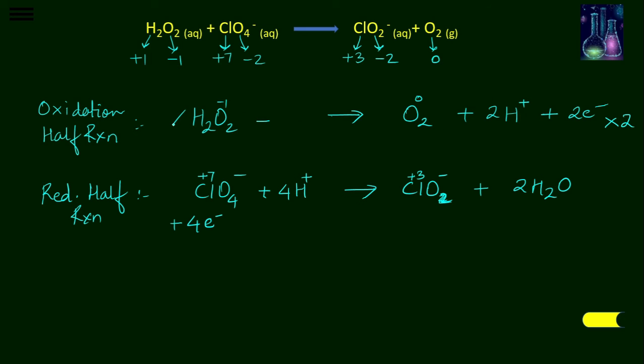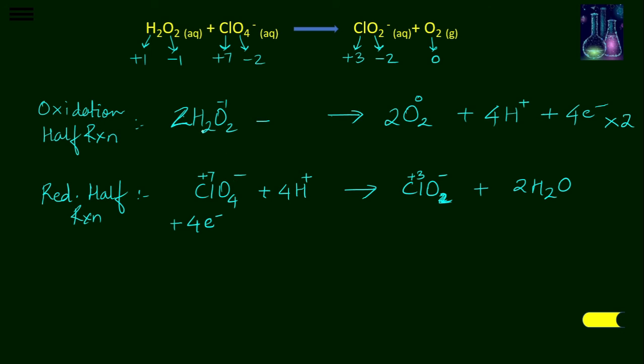So this makes up 2H2O2 gives 2O2 plus 4H plus. So here it will be 4 H plus ions, and here it will be 4 electrons.